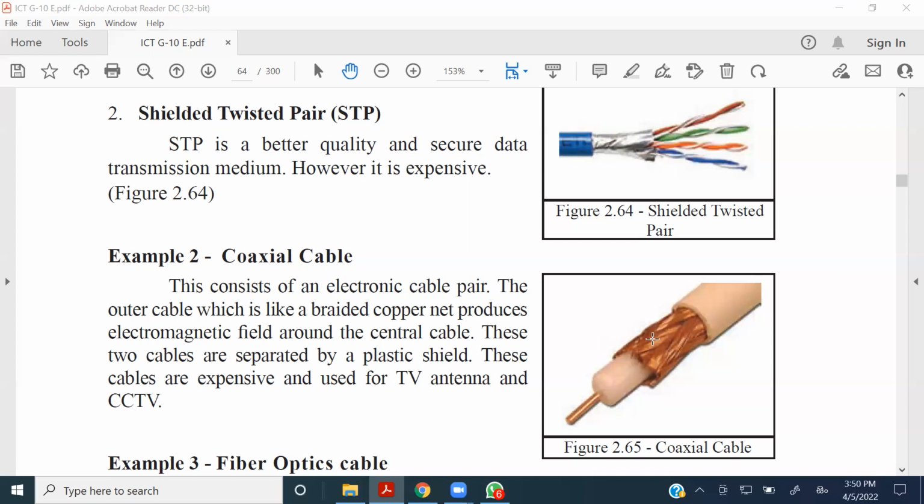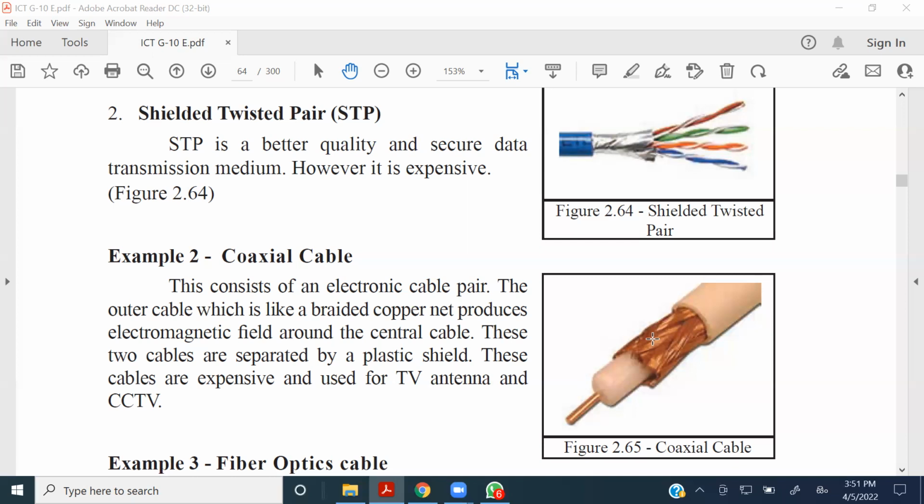If you are watching TV using an antenna, your TV and the antenna are connected through this coaxial cable. Comparatively, it is more expensive than the UTP or STP cable. In terms of quality, it is better than the UTP or STP, and it can communicate to a greater distance compared to the STP.